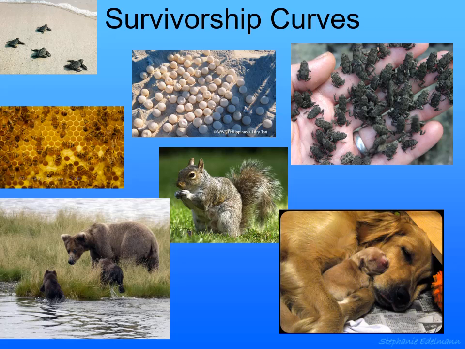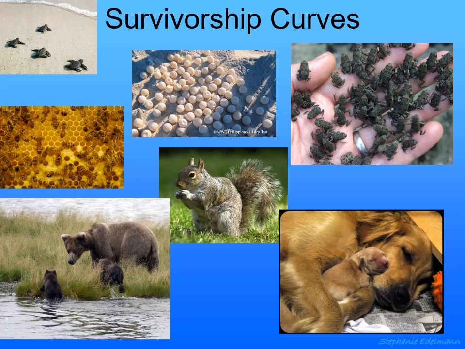So let's look at some of these pictures and let's see if we can figure out what kind of survivorship curve this creature probably has. So on the top right, you see a whole bunch of little froggies. What kind of survivorship curve do you think that may be?